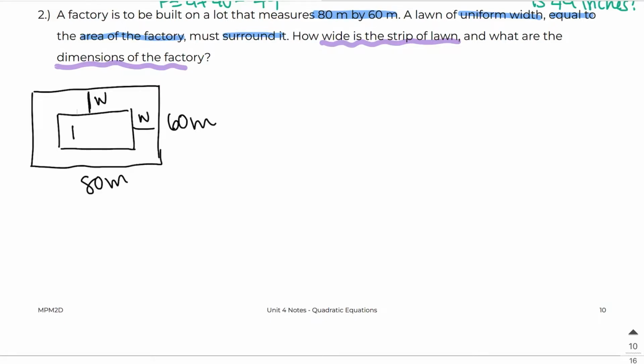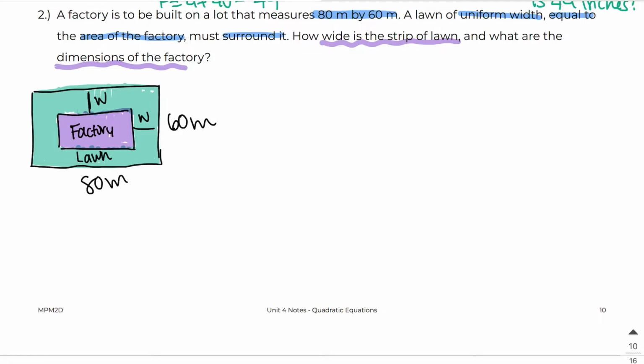That's what it means. And this is going to be the factory. And then out here, this is the lawn. Okay? And we know that the area of the lawn that we have here has to be equal to the area of the factory that we have right here. The green and the purple have to be equal to each other.